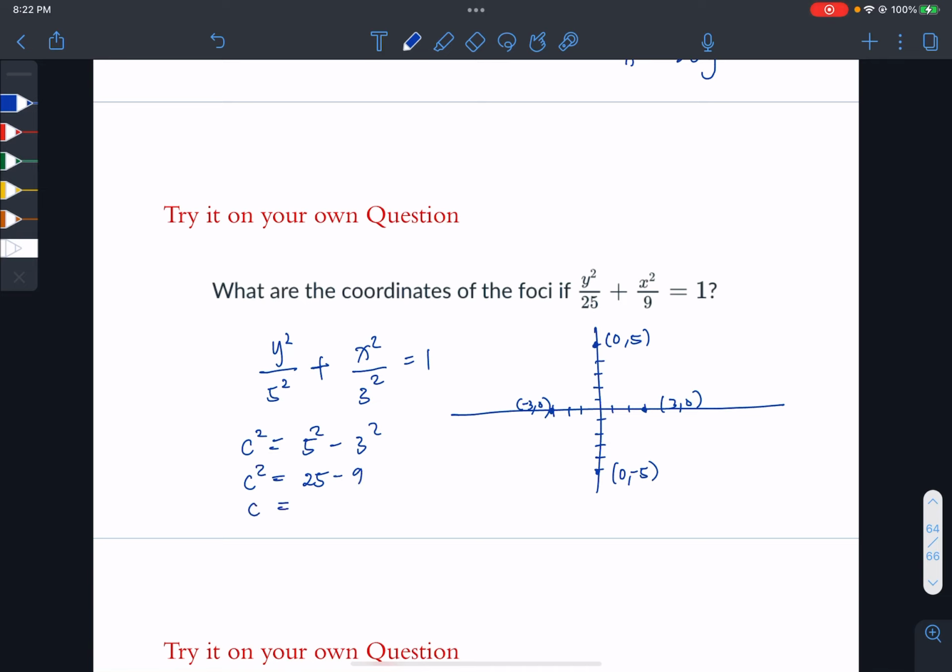So c squared is 16, so c is 4. So kaya ito yung mga foci natin. F1 is 0, 4. The other one, F2, is 0, negative 4. So those are our foci. Pag in-graph ko to, ito siya.